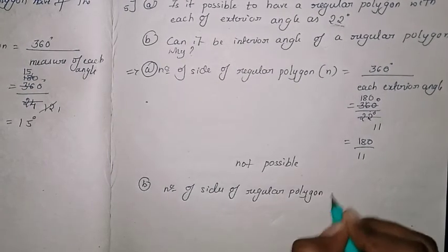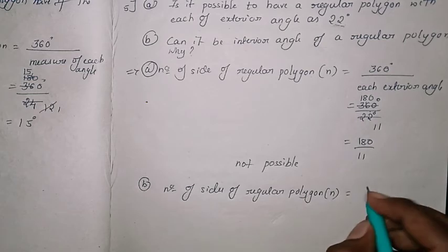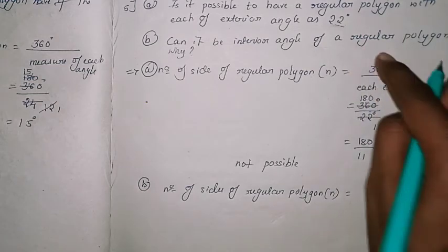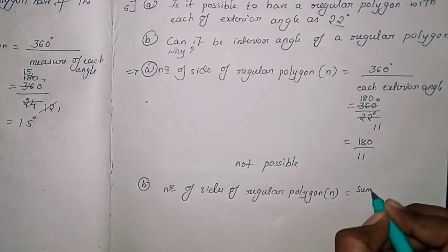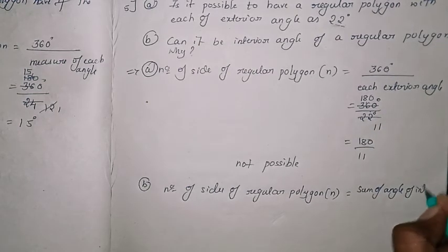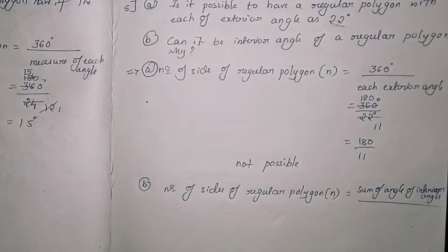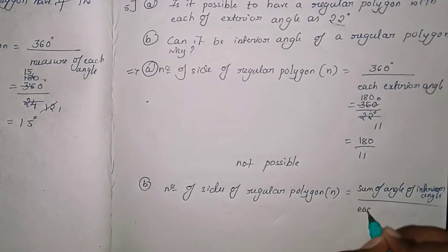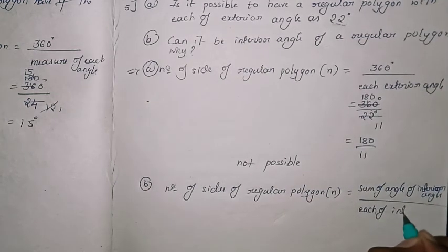Just modify the formula. Earlier it was the sum of the exterior angles. Here you write the sum of the interior angles divided by each interior angle.